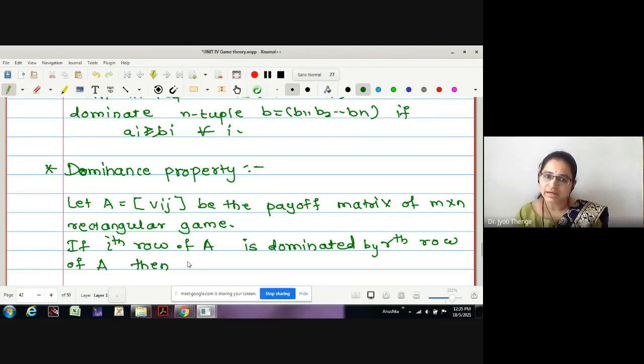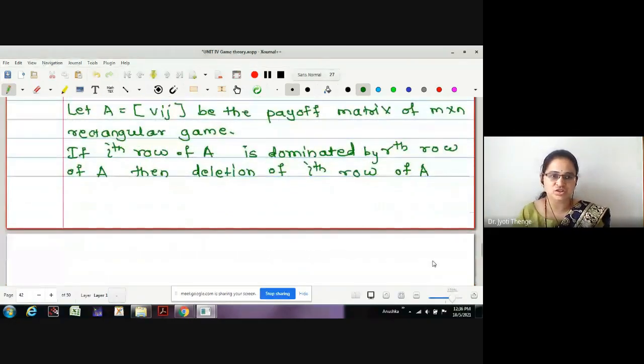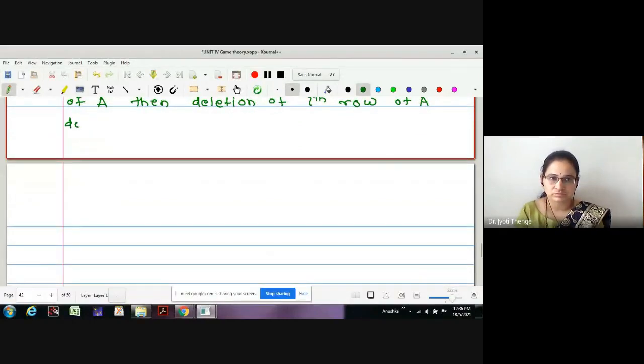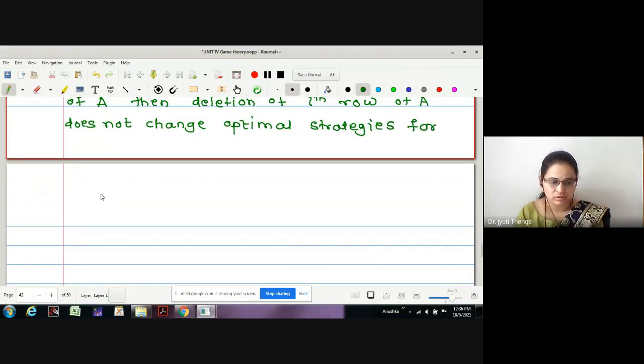Then deletion of the ith row of A does not change the optimal strategies for the row player.